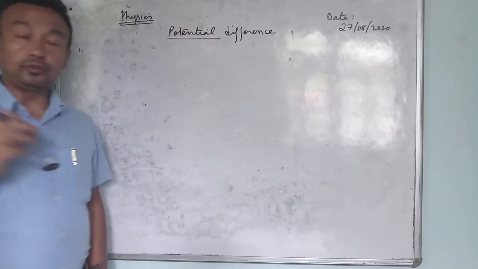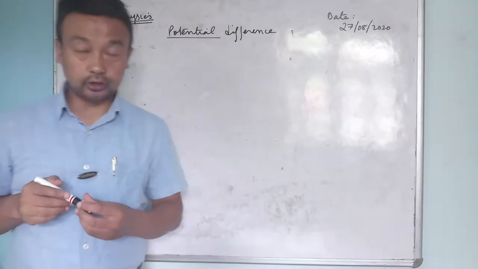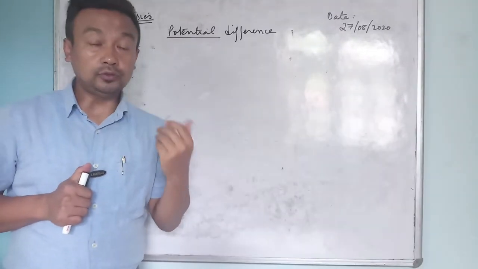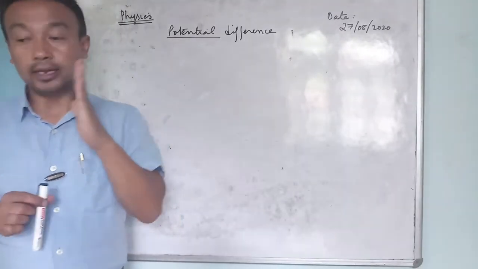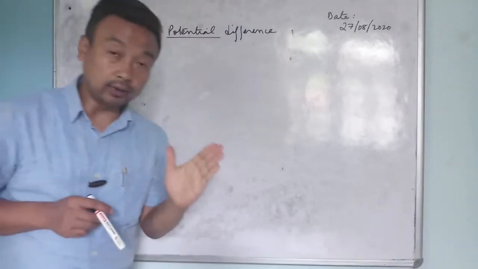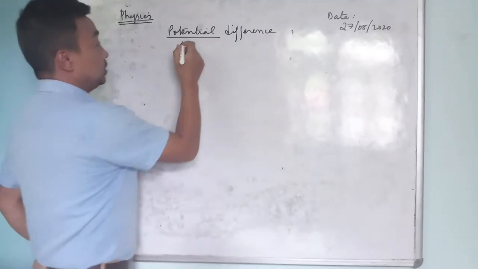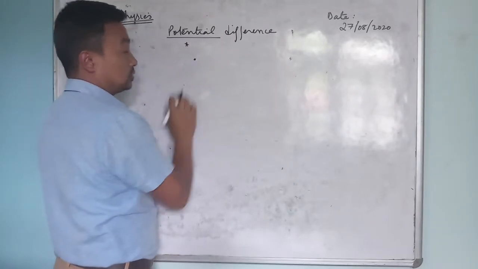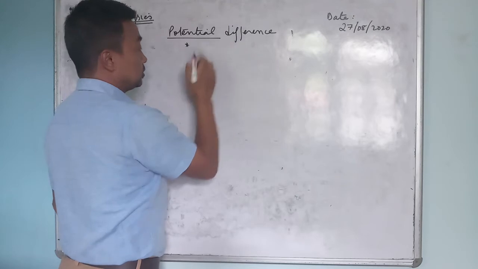So let us define the potential difference. Potential difference is defined as the work done per unit charge in moving a positive test charge from one point to the other. That is the main difference between the potential and the potential difference.